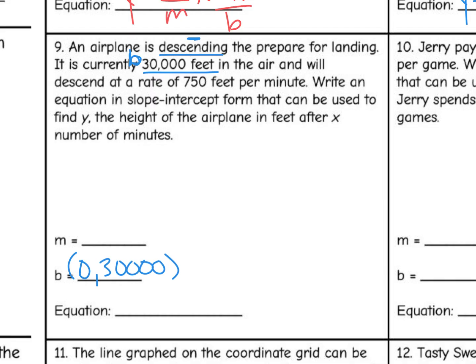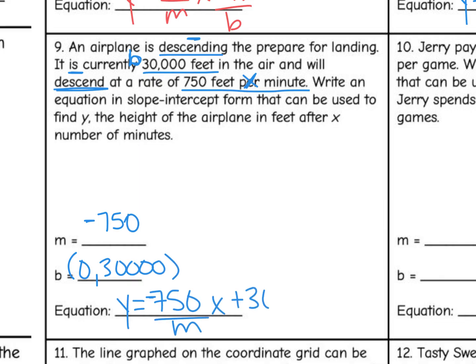That's our B. And it will descend. Again, descend, going down. They both start with D at 750 feet per. Per tells you there is your slope. So my slope is -750. Y equals -750. Don't forget the x. And my B was 30,000.